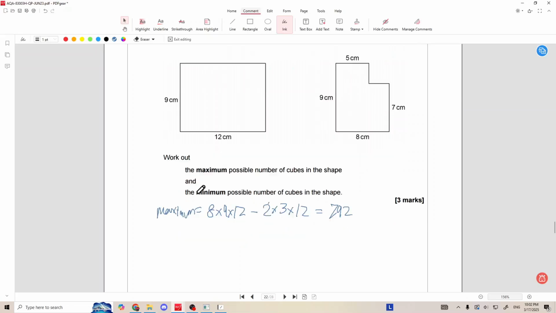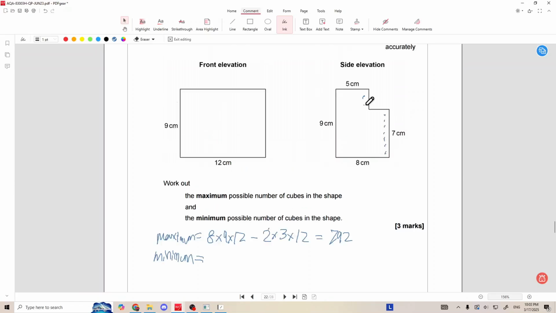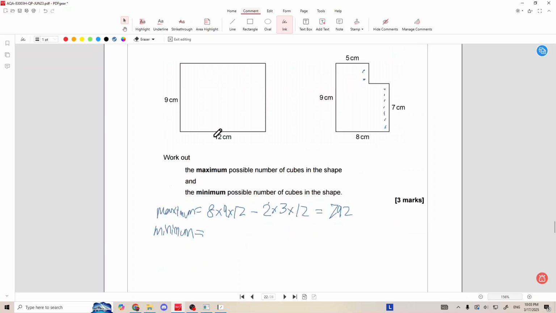Which is 792. Okay, the minimum is going to be a bit more difficult. Basically, all that we see is all the cubes in the shape.